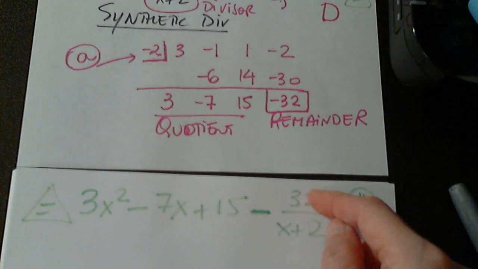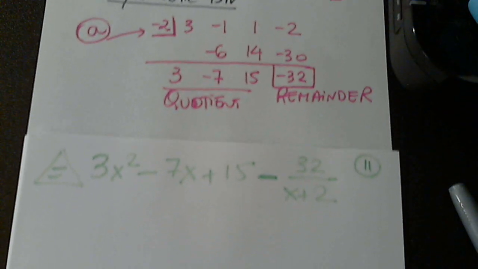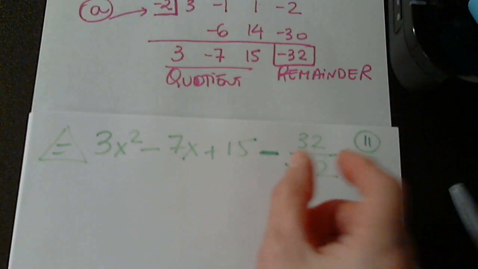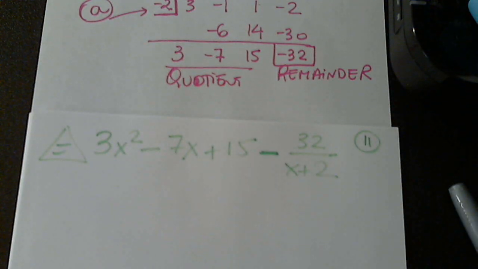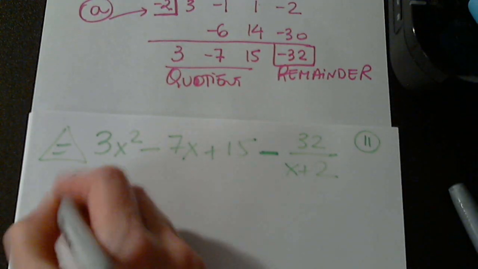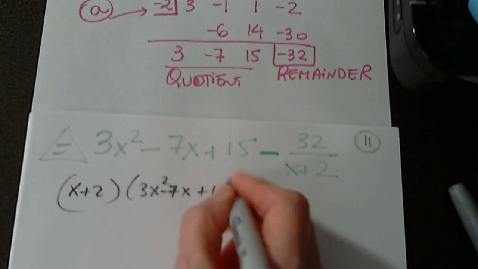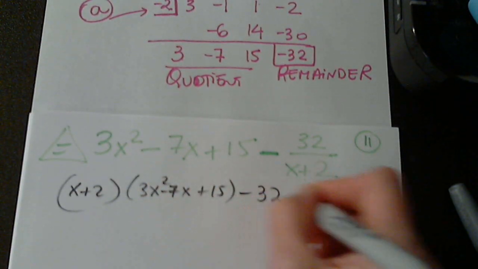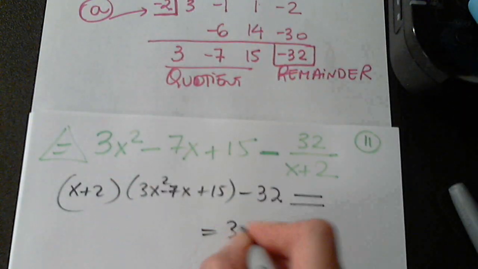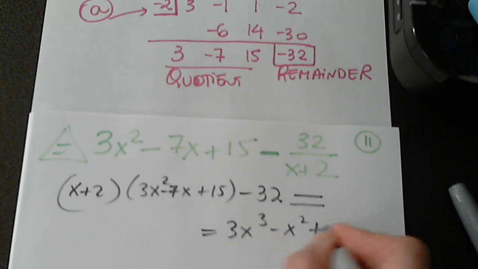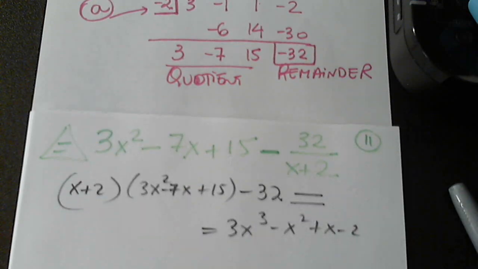Quotient, remainder, divisor. How do I know that this is correct? Very easy. I multiply x plus 2 by these three, like x plus 2 times 3x squared minus 7x plus 15. Subtract 32. If I do not get the numerator, 3x to the third minus x squared plus x minus 2, then the whole thing is incorrect.